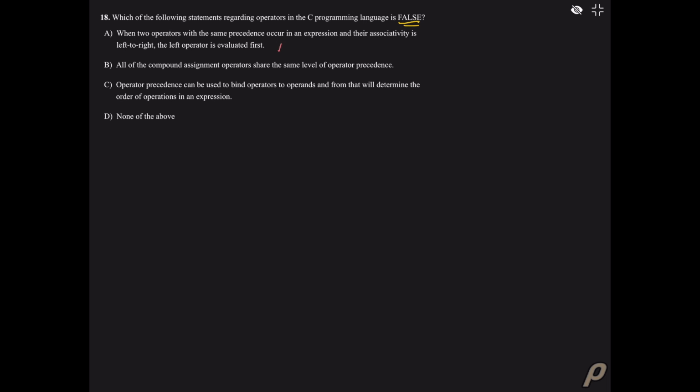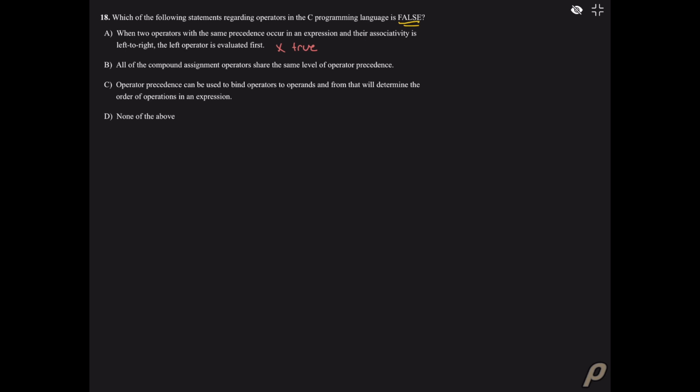And this is actually true. Just remember that most operators are like this, and they are similar to PEMDAS and just the standard math order of operations. So when you say the associativity is left to right, that just means we're moving left to right. So that means our left operator gets evaluated first.